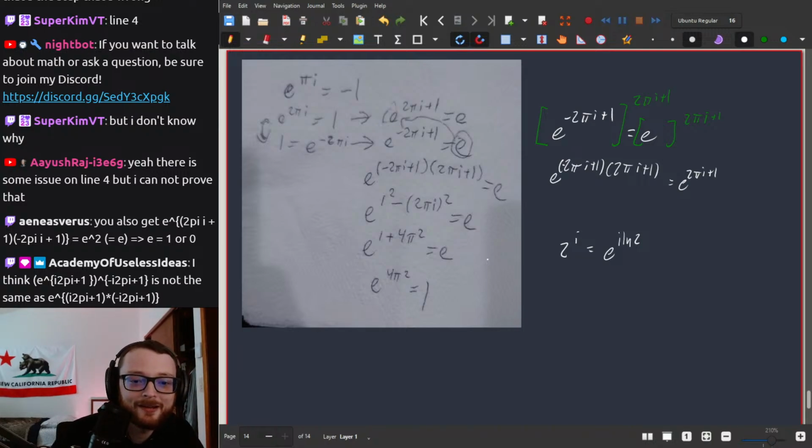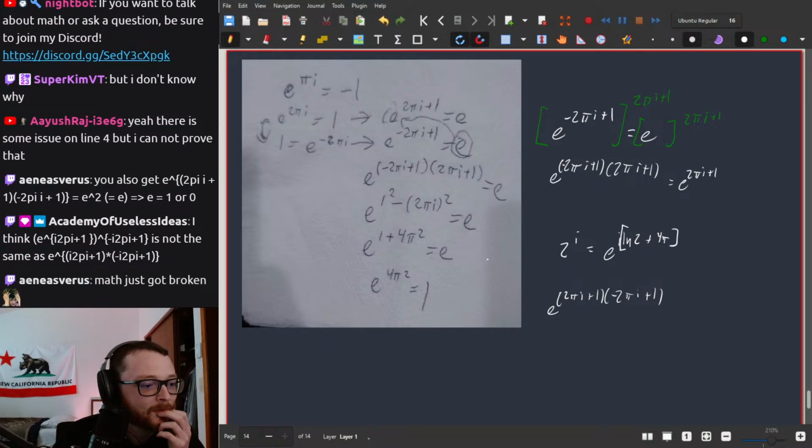I think the issue is that I could also do plus 2 pi or 4 pi. e to the 2 pi i plus 1 minus 2 pi i equal to e squared.